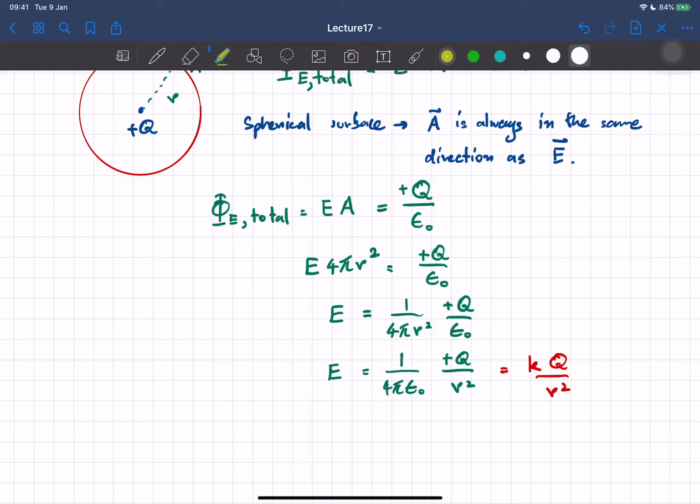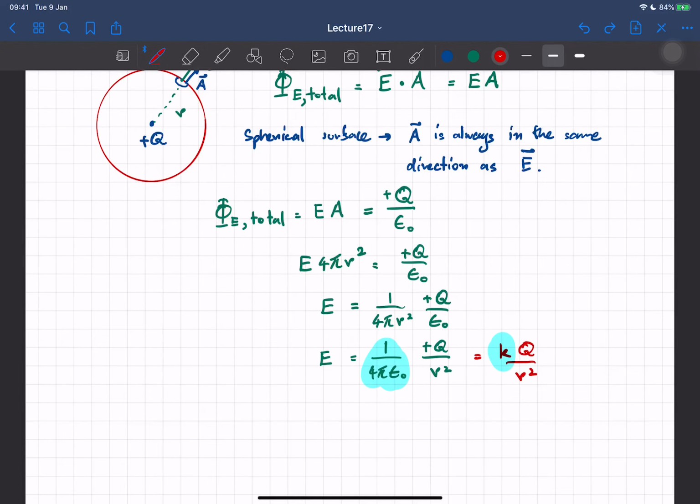So you can see that the electric constant k is actually the same as 1 over 4 pi epsilon 0. It's just a different way of writing the constant k. You can see that the 1 over r squared dependence of the electric field is the same in this case. So using Gauss' law, you actually reproduce the result that you got from Coulomb's law.